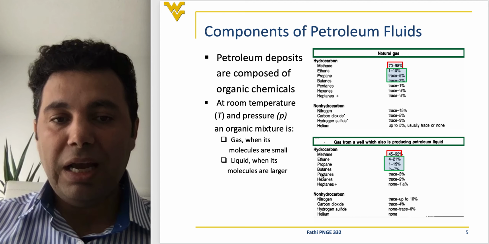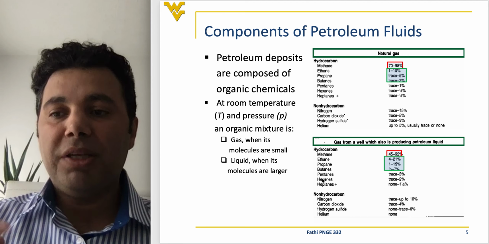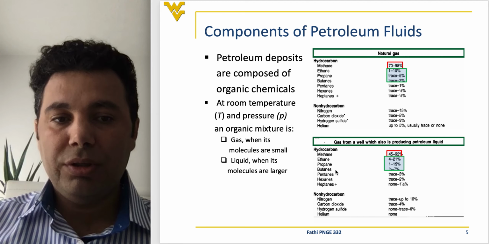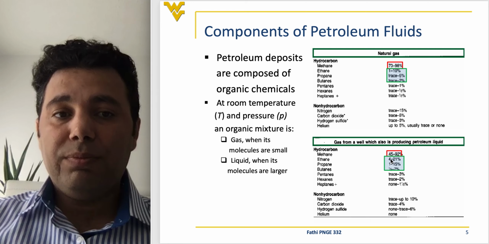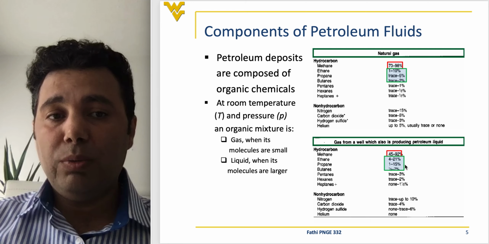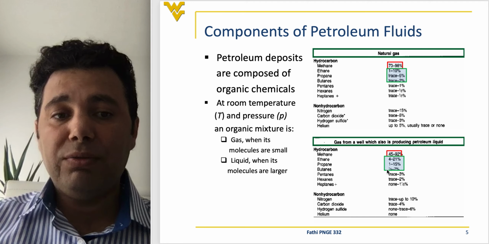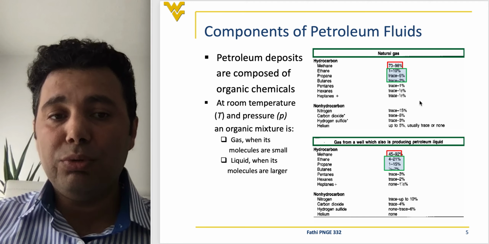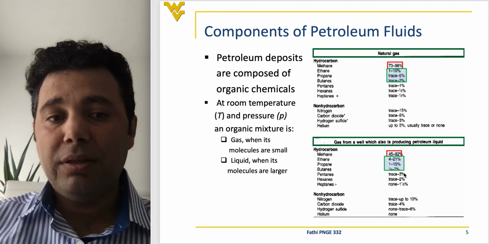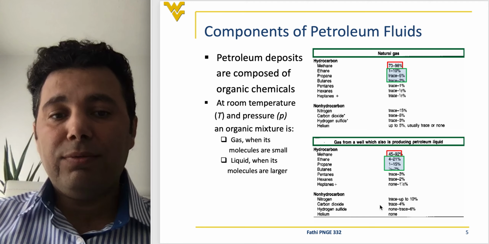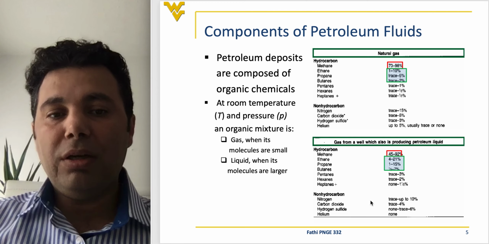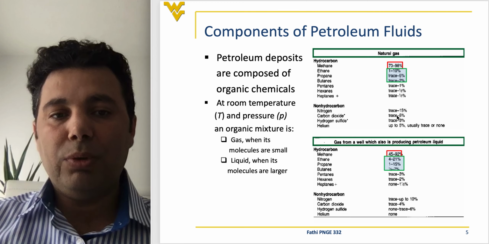As we go down the list, the components become heavier and the molecules become larger. So they go up from 1 to 10 to 4 to 21%, from 0 to 5 to 1 to 15%, from 0 to 2 to 1 to 7%. And it's going to be the same for the nitrogen and the non-hydrocarbon components as well.